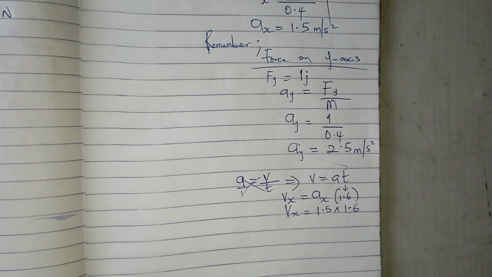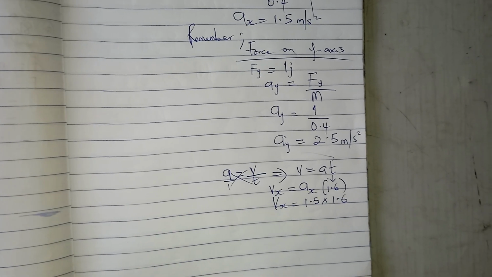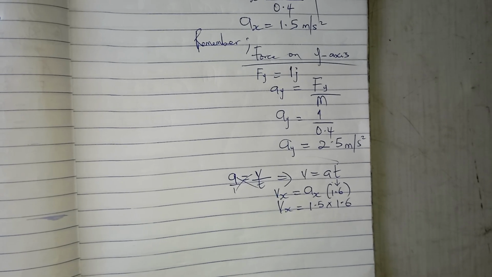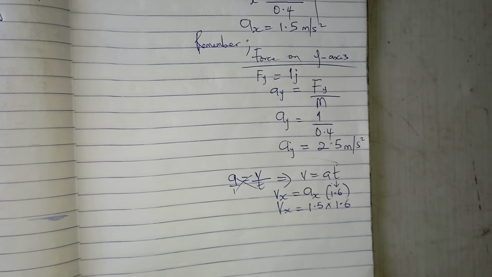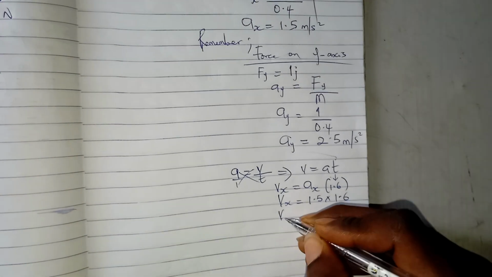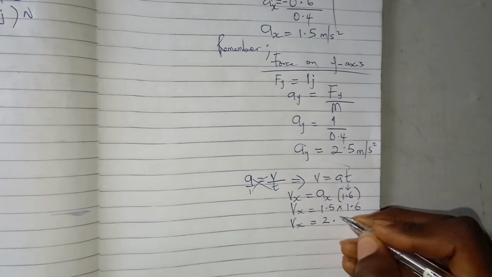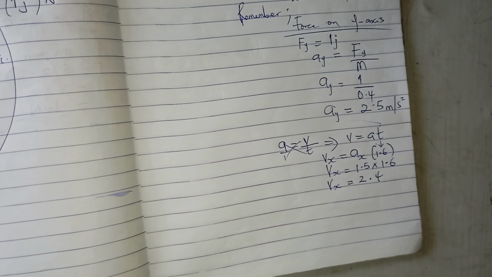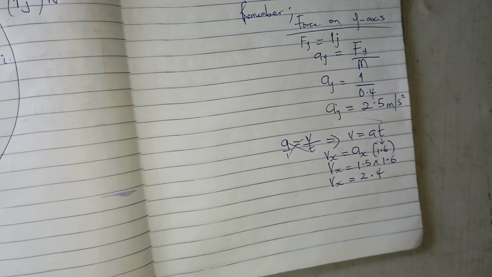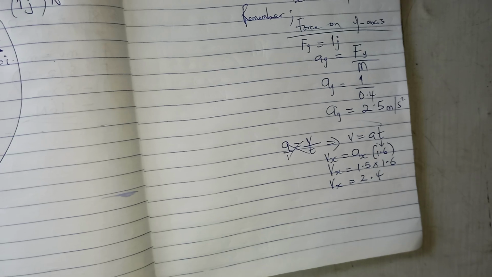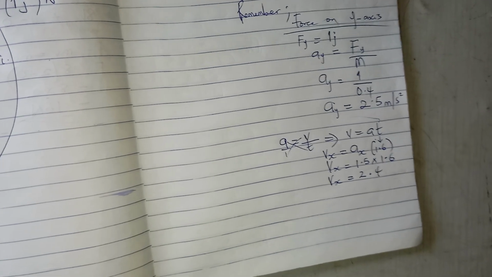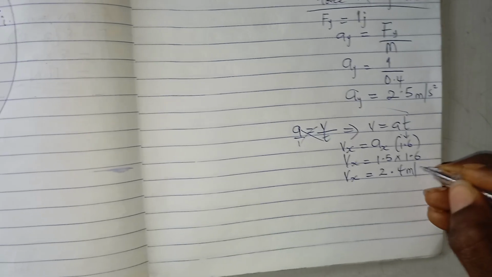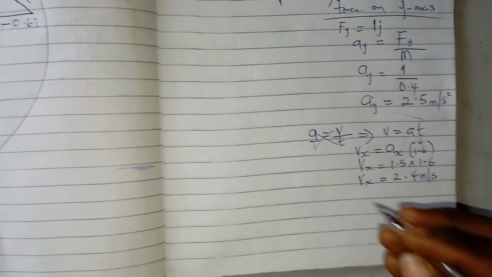which is 2.4. So we're getting velocity on the x-axis to be 2.4 meters per second.